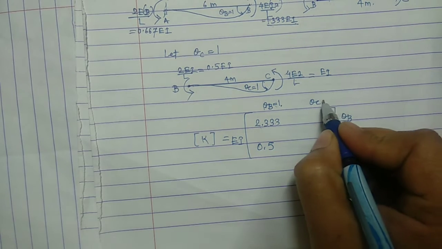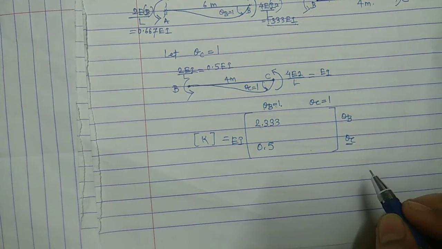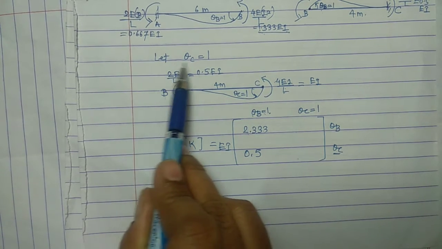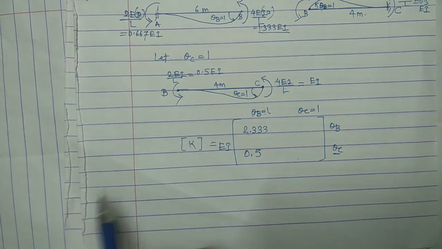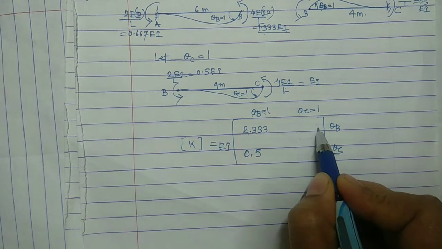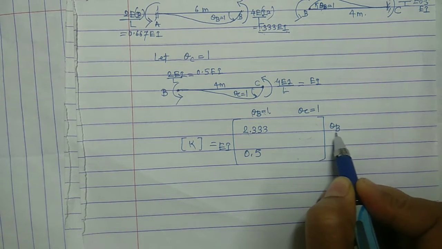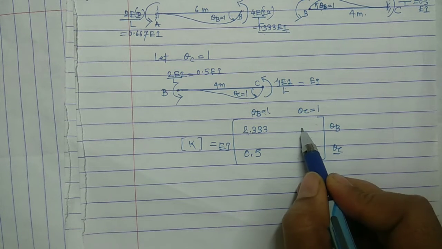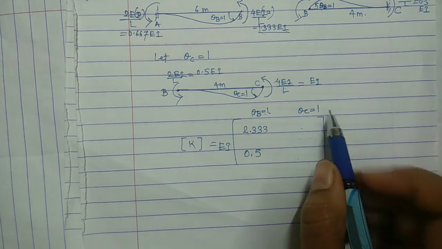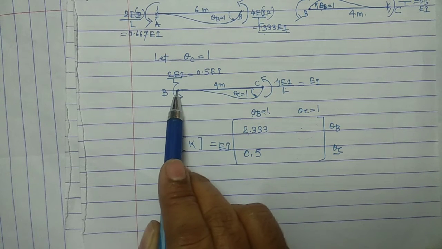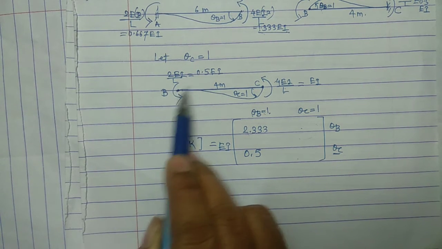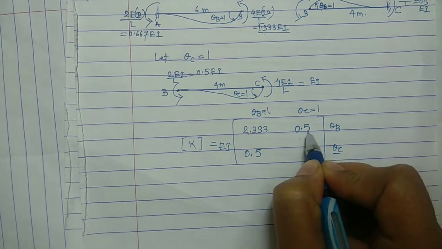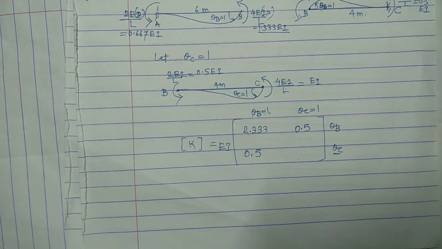Now the second column, that you have to refer to when theta C equal to 1. That means the second figure when theta C equal to 1. So first element, action corresponding to theta B. Action corresponding to theta B is moment at B. So when theta C equal to 1, in that figure, see the moment at B point, 0.5, write down here, 0.5.